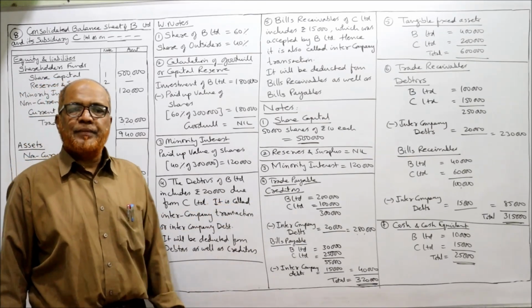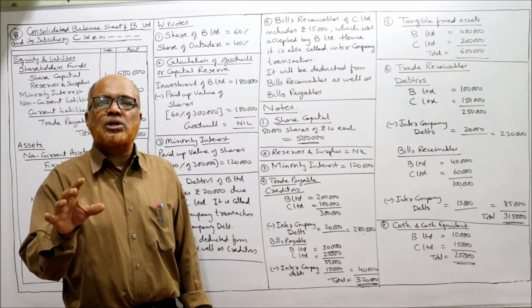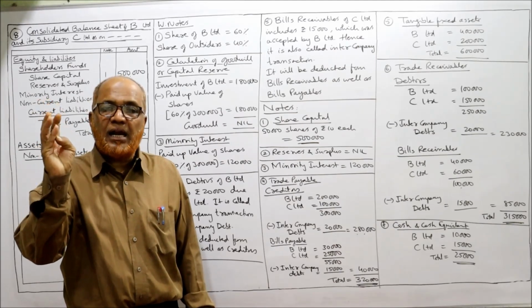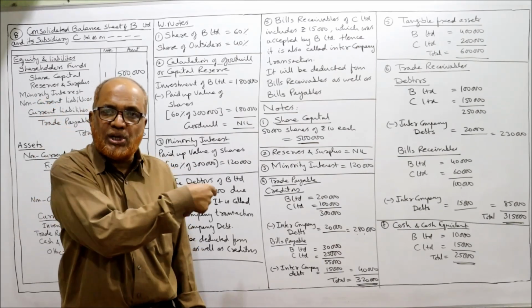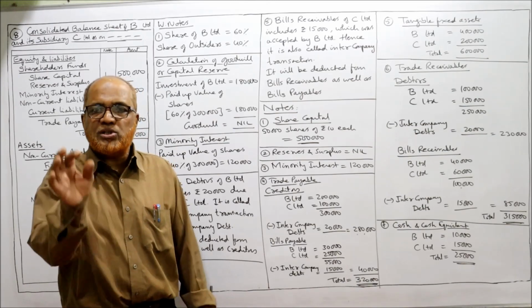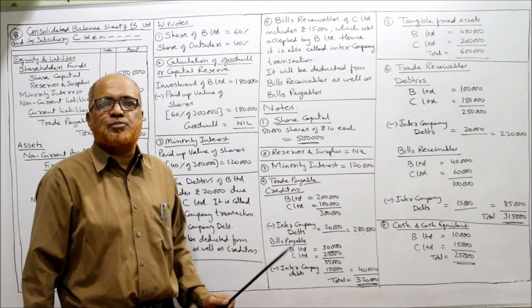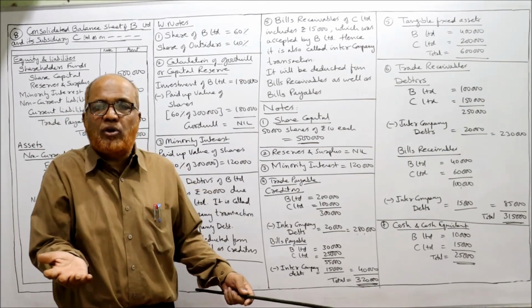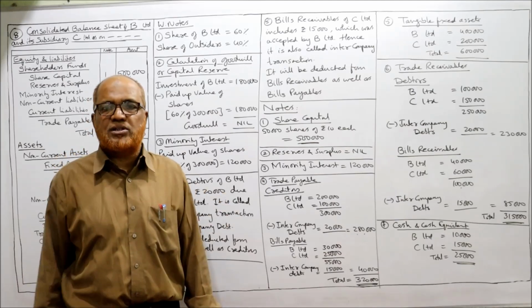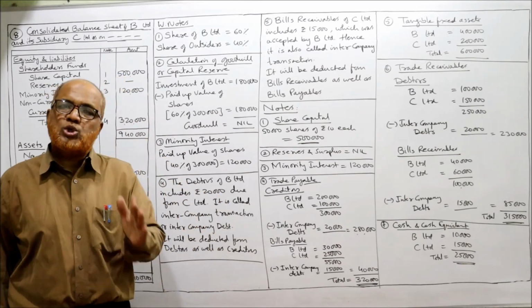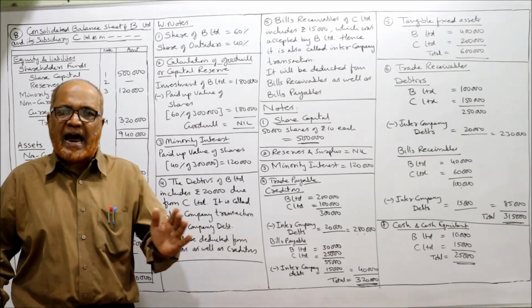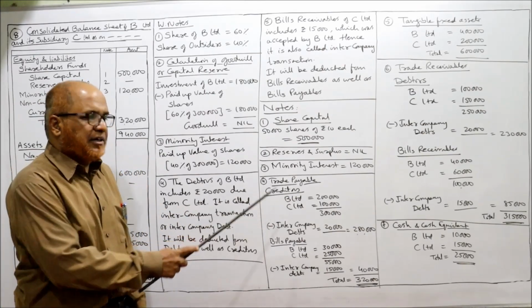Then trade payable. Trade payable includes creditors and bills payable. Now you concentrate on this point because this is the only new point in this problem. Earlier problems we have not come across this point. First of all, we will take the creditors.